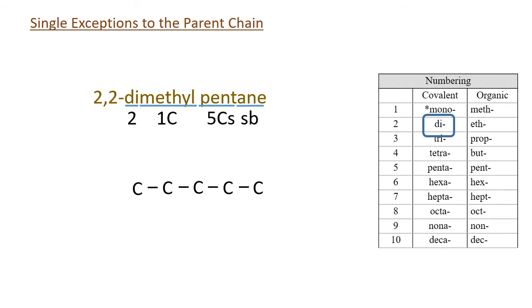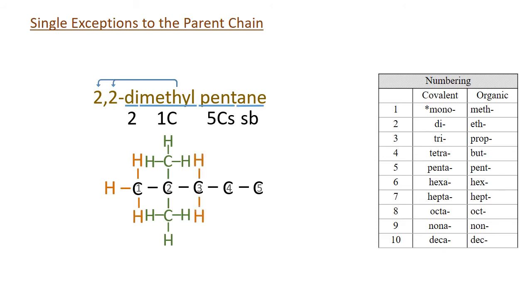And those are going to go on the second and second carbon. So I number my carbons, and I place a methyl group on the second carbon and another methyl group on the second carbon. Then I fill out the rest of my carbon's bonding potential with hydrogens so that each carbon is making 4 bonds. And that's 2,2-dimethylpentane.